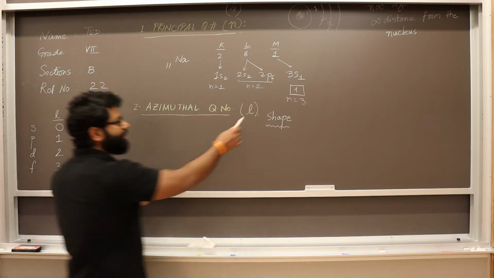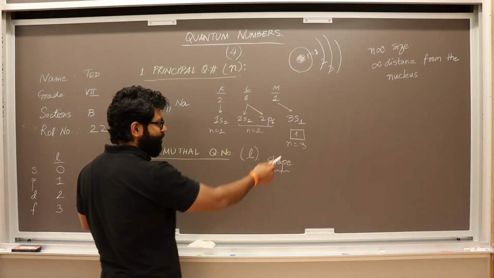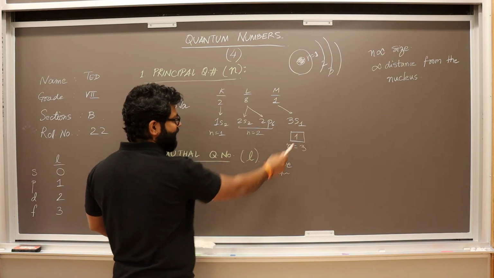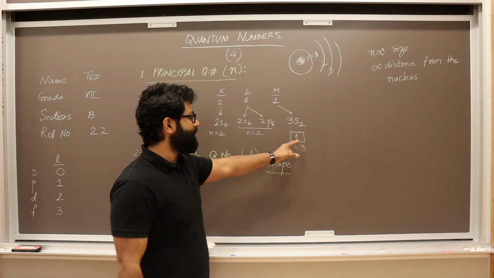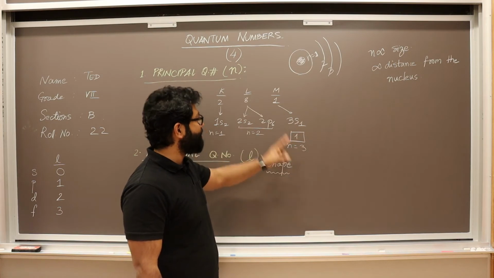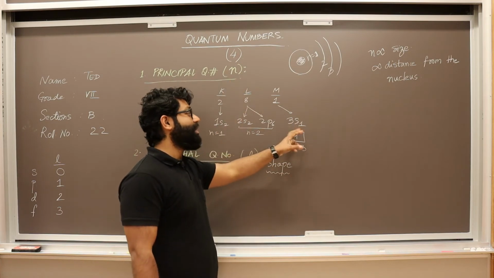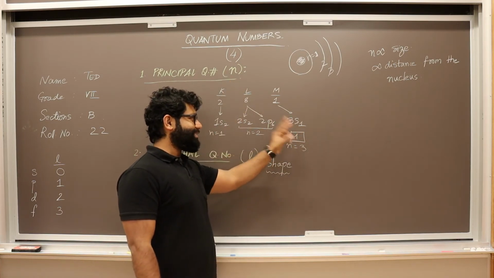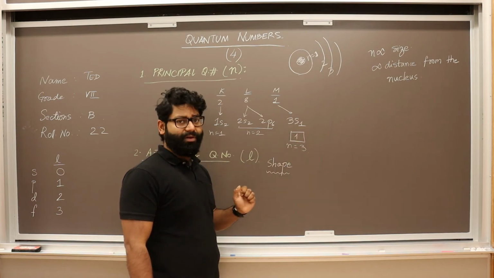Now, for here, the electron, which was this electron, I asked what is the principal quantum number of this. It was 3, because it was 3s, so n became 3, principal quantum number. Now tell me, what will be the azimuthal quantum number for this electron?